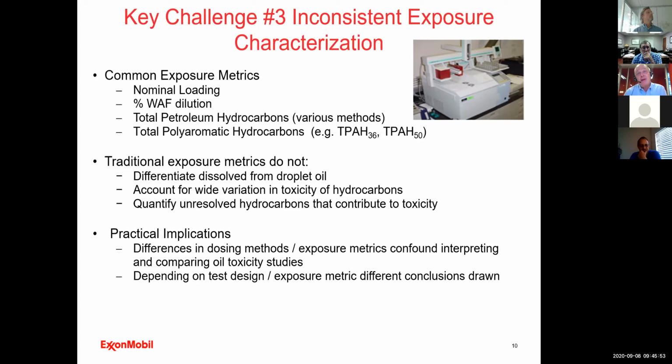BTEX has very different toxicity than chrysene. And a last issue is that these approaches don't quantify a whole host of unresolved hydrocarbons that are part of that UCM that can contribute to toxicity.